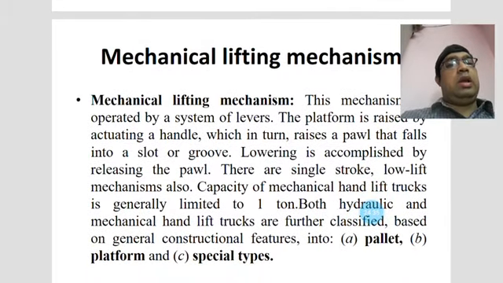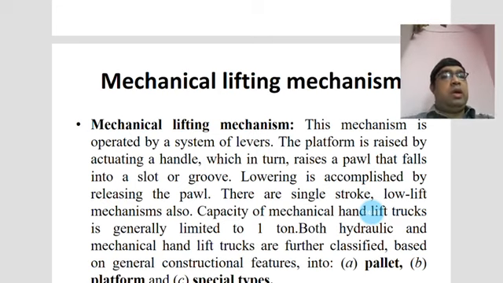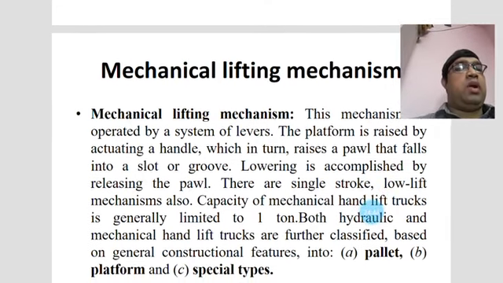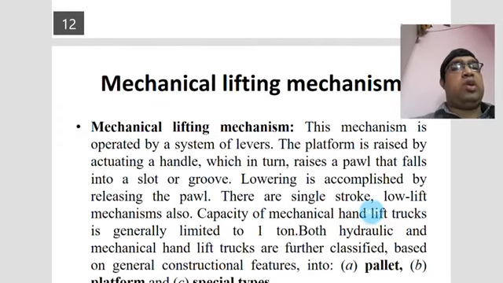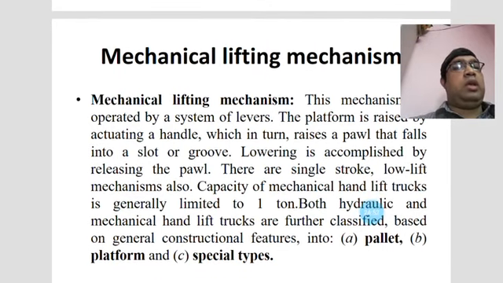The mechanical lifting mechanism is operated by a system of levers. The platform is raised by actuating a handle which is turned, raising a pole that falls into the slot of grooves, and lowering is accomplished by releasing the pole.